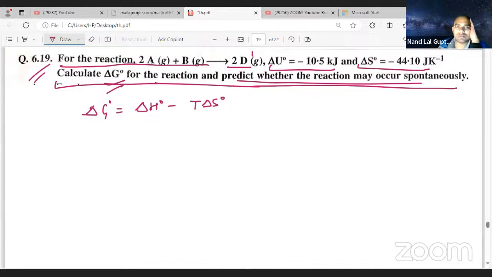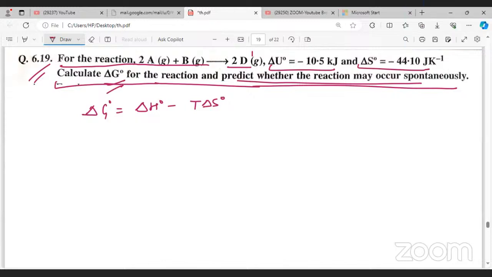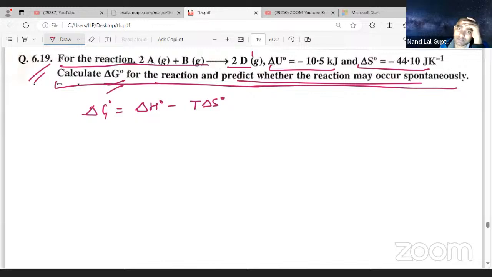For the reaction 2A plus B giving 2D gas, kilojoule per mole. At what temperature, they did not mention now. And H is also not given.